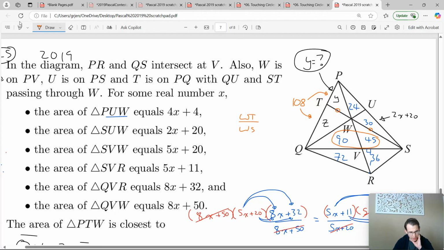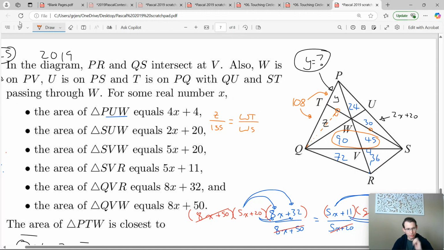That's the triangle formed by WS to height Q, which would still be our height there. Okay, so WS down there, that triangle, it's 135, and that would be the same as the ratio to Z.